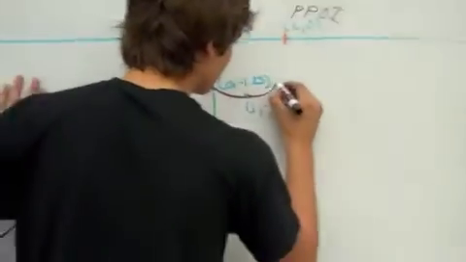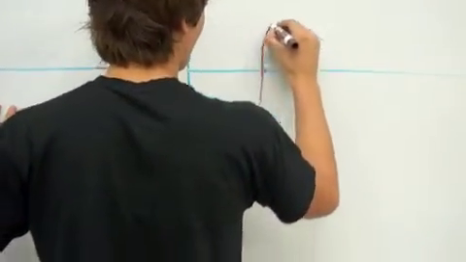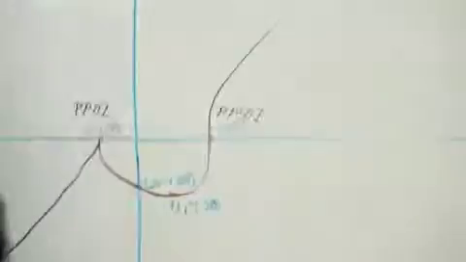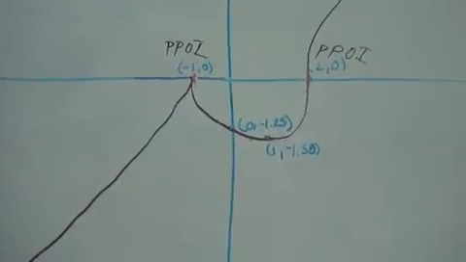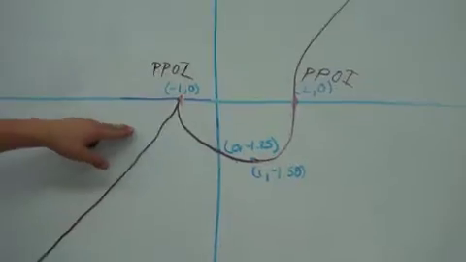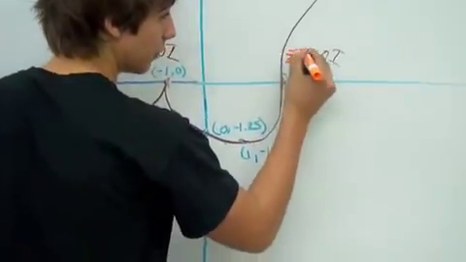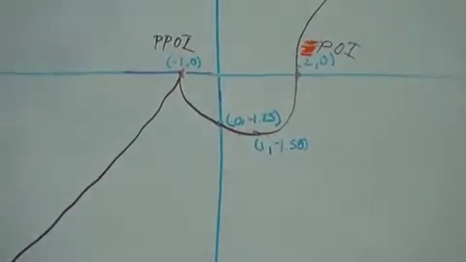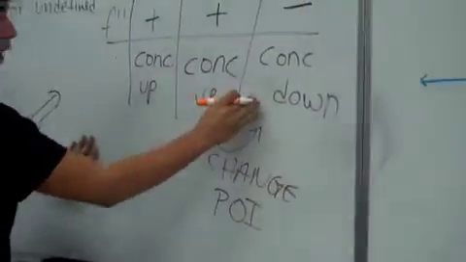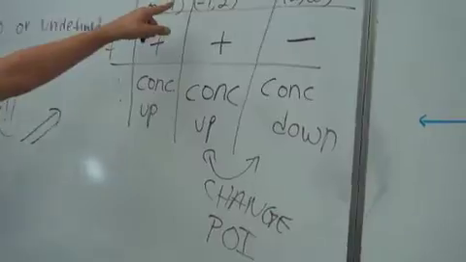And then it's going to come back up and shoot that way. So we know that this is still a possible point of inflection, and this is not a possible point of inflection anymore. It is a point of inflection because we proved it right here in the second derivative test.